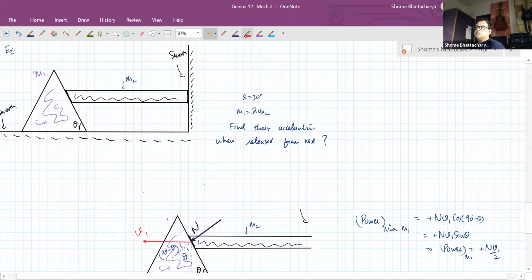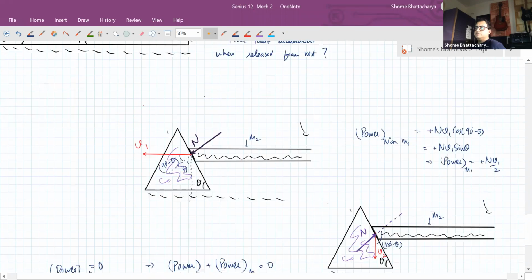Because theta was 30 degrees and M1 was 2 M2. So we'll make use of these now. Now let's come down to free body diagram.